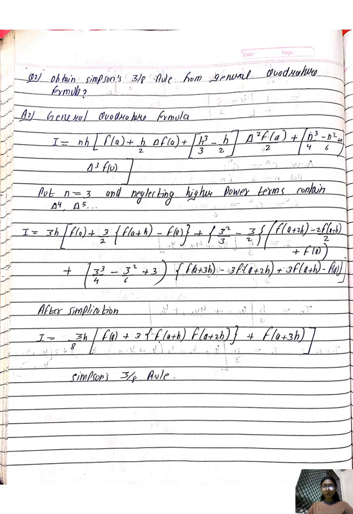Now put n is equals to 3 and neglecting the higher power terms containing del 4, del 5.